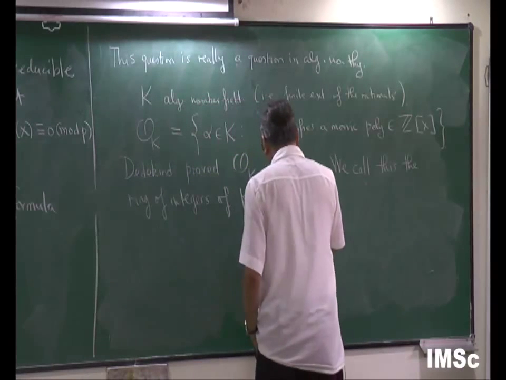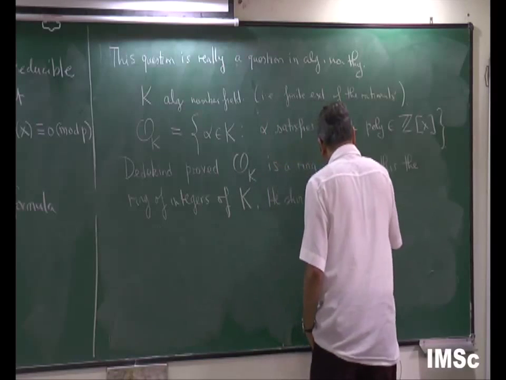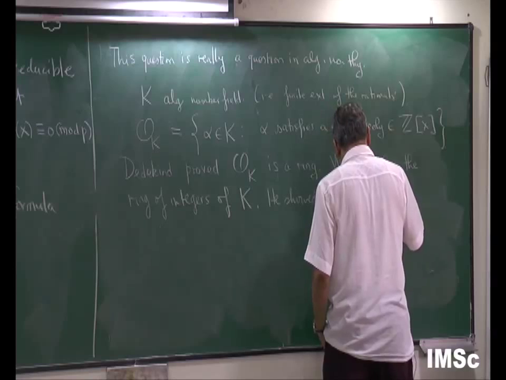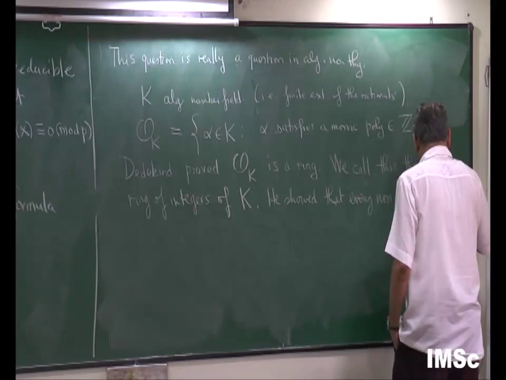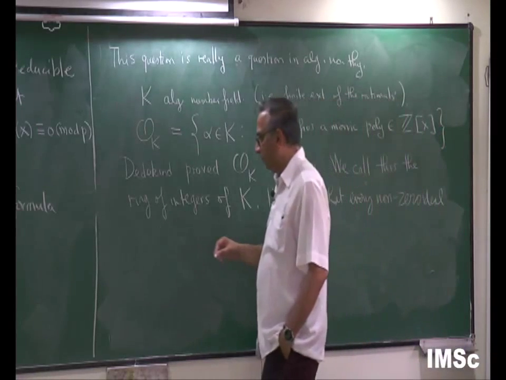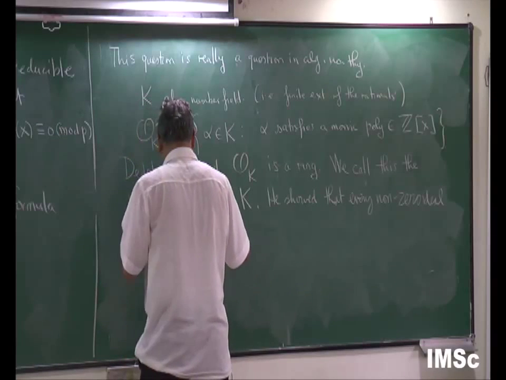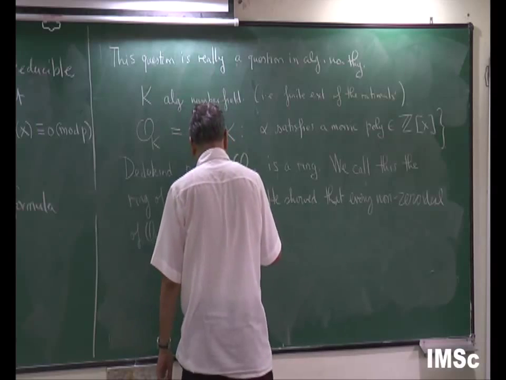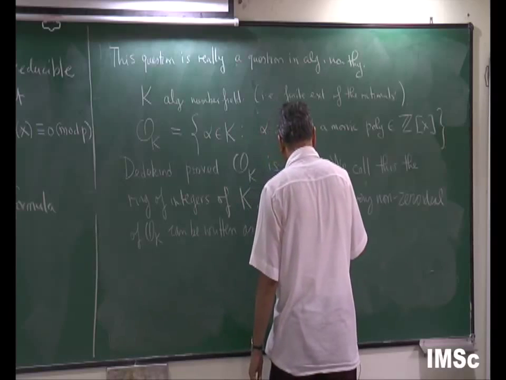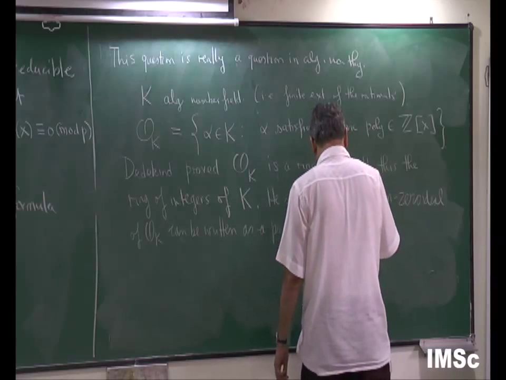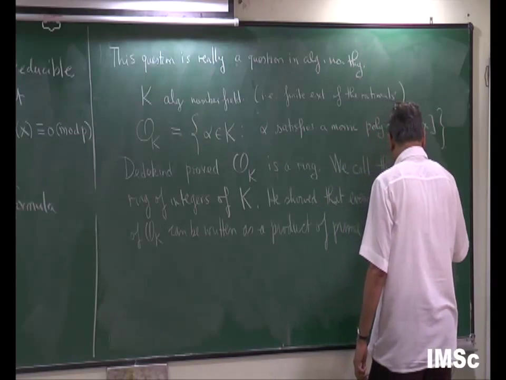So O sub k, he showed further that every non-zero ideal of O sub k can be written as a product of prime ideals uniquely.